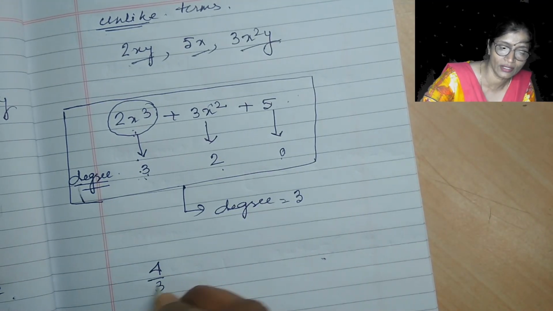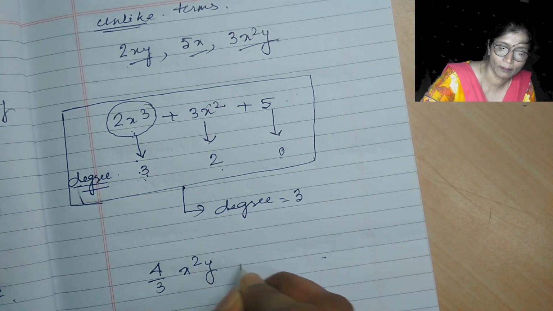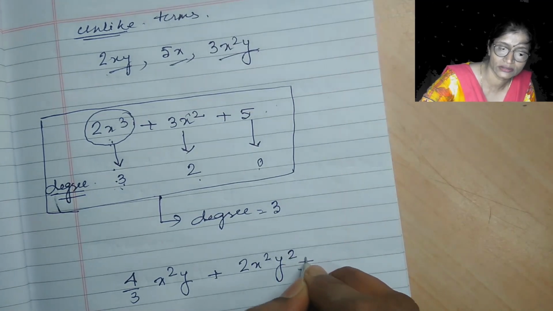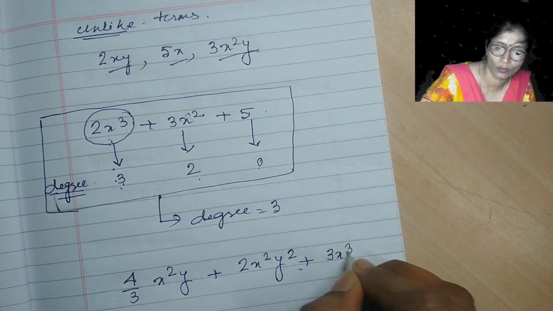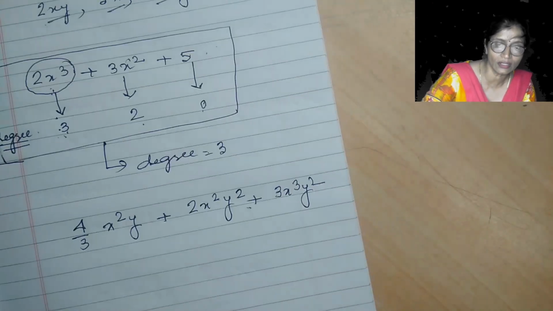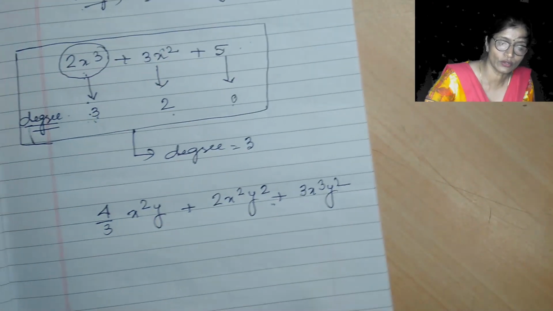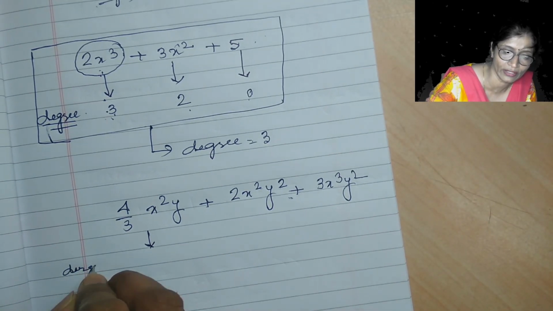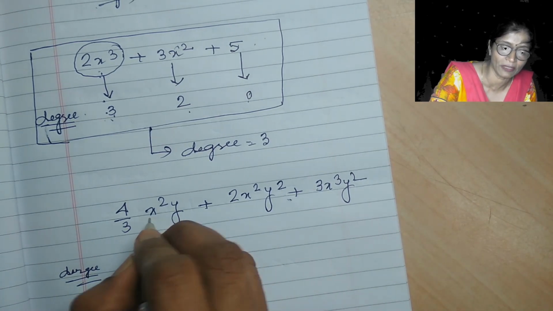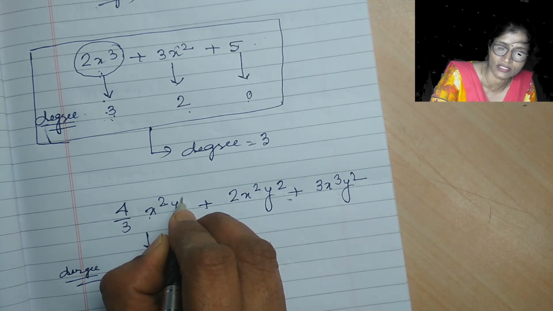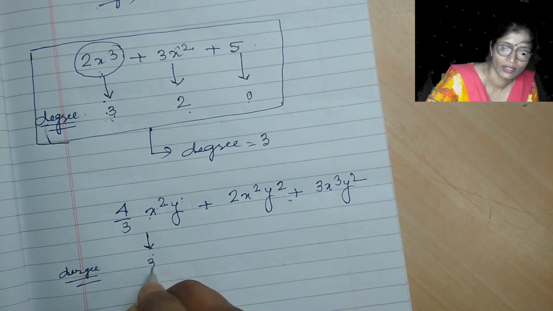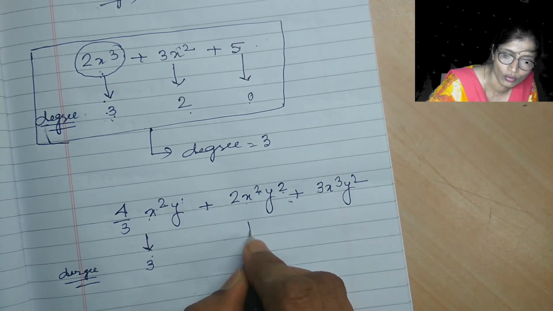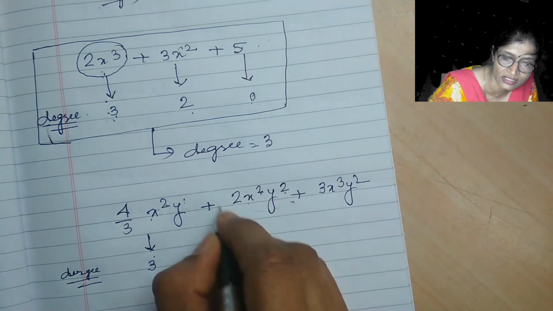Next, one more I am giving you. Suppose 4 by 3 x square y plus 2x square y square plus 3x cube y square. This is the expression. You have to think about the individual degree of each term. Degree of the first term: x is power 2, y is power 1, since nothing is mentioned, so 2 plus 1 is 3. In the second term, x is power 2 and y is also 2, so the degree is 4.